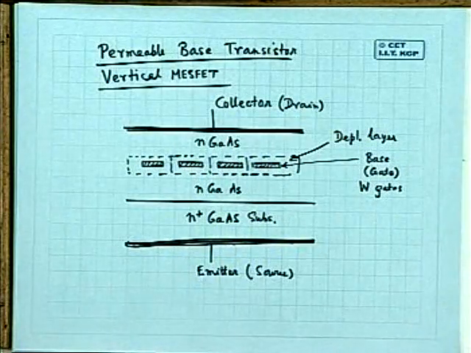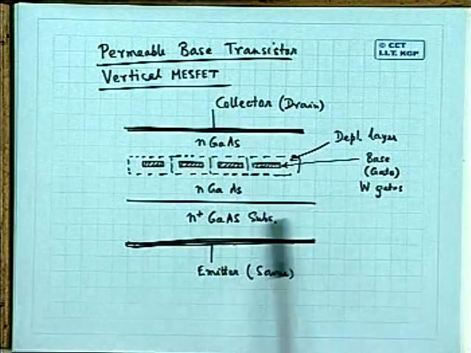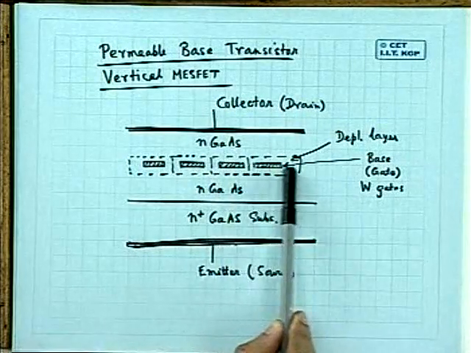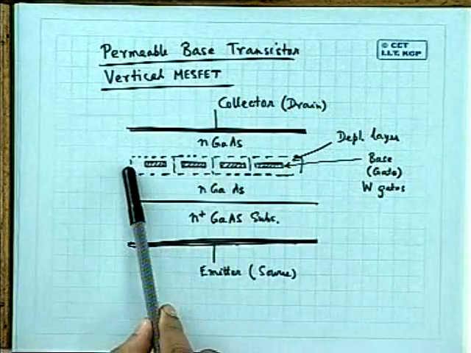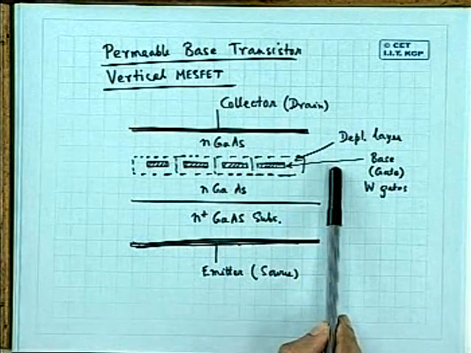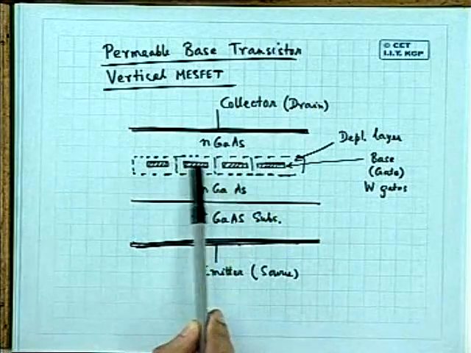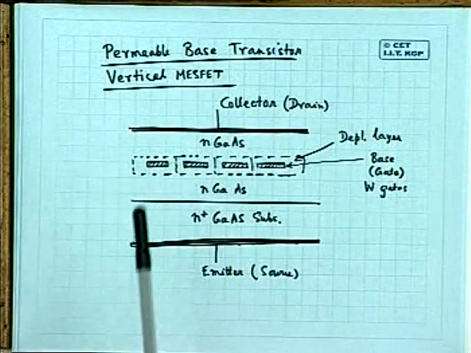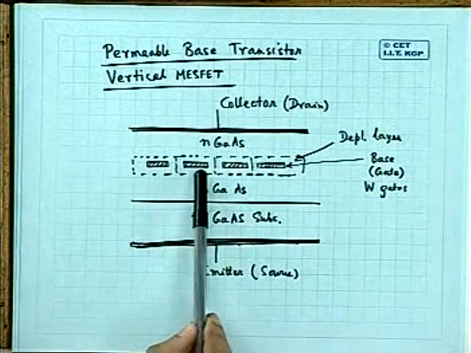That's why the names: collector synonymous with drain, emitter synonymous with source, base synonymous with gate. The structure you carefully see. We have an N plus gallium arsenide substrate on which you grow N-type gallium arsenide up to this thickness by epitaxial technique, on which you deposit titanium, usually tungsten gates, something like a CCD array.